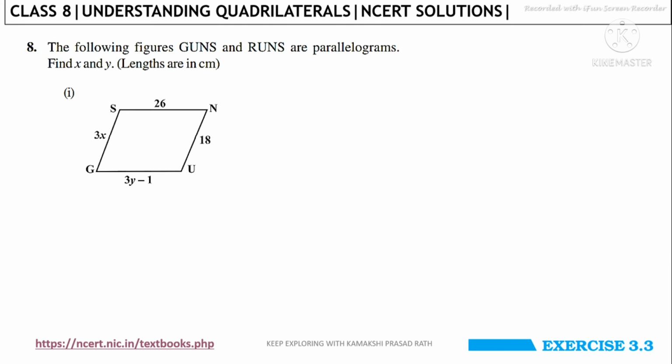Now let's see this question. It's given in the following figure. As you can see here, GUNS is a parallelogram, and we have to find the values of x and y. And we know in a parallelogram opposite sides are equal.